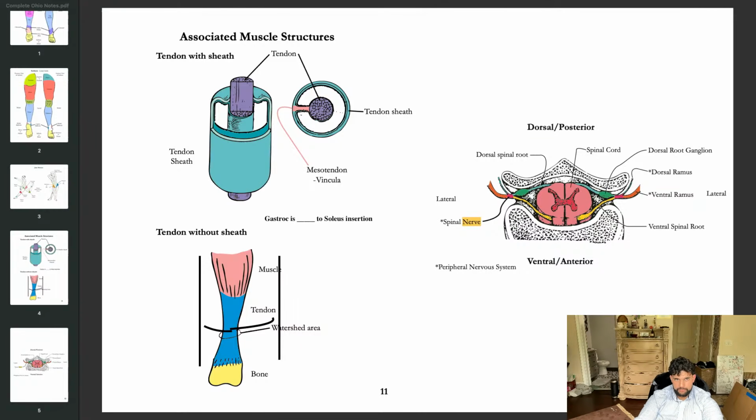I'm just giving everyone time. So what are the actions of the calcaneal tendon? Anyways, moving on. I can't seem to find the answer to that. I forget, actually.